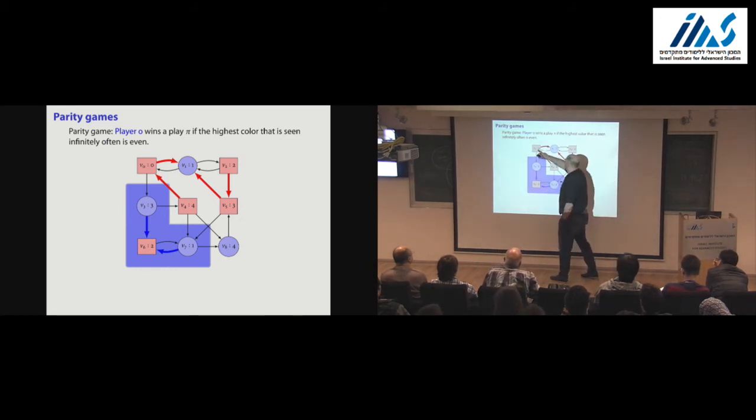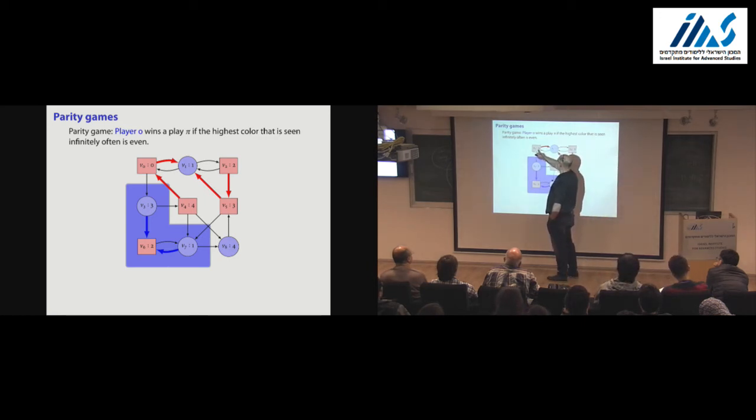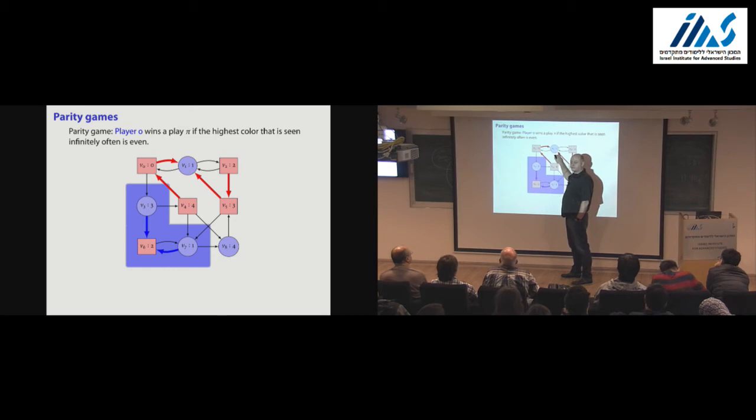Now, if I'm up here, then I can choose to either play from V1 to V0 or to V2. So if I happen to choose V0, then we have color 0 and color 1 occur infinitely often. Therefore, the highest color that occurs infinitely often is 1. I lose the game.